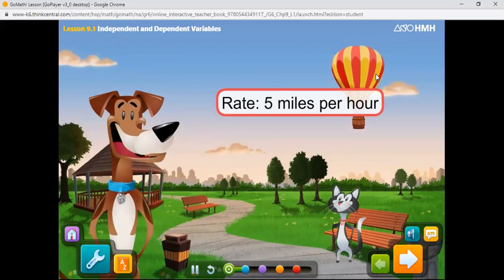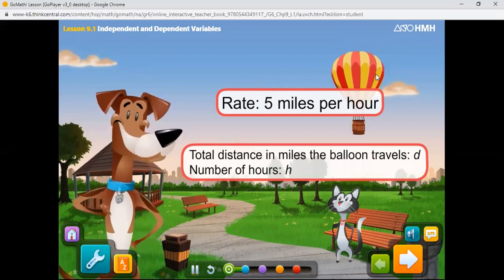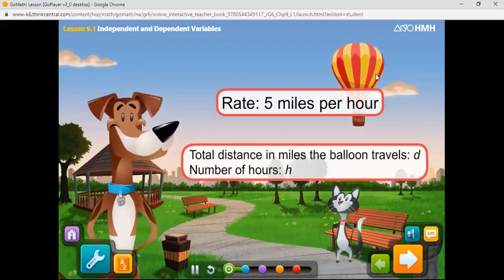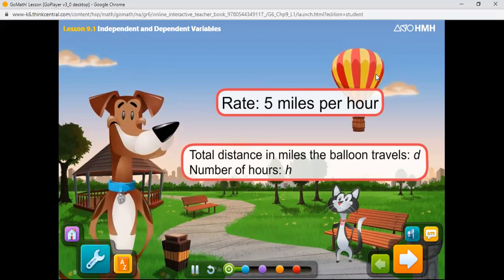Whoa, the hot air balloon is moving at a rate of 5 miles per hour. That's faster than it looks. Since we know its speed, Coco and I are wondering if there's a way we can figure out how far the balloon will travel in a certain amount of time. Let's try forming an equation with dependent and independent variables to represent the relationship between the total distance the balloon travels, d, and the number of hours, h.